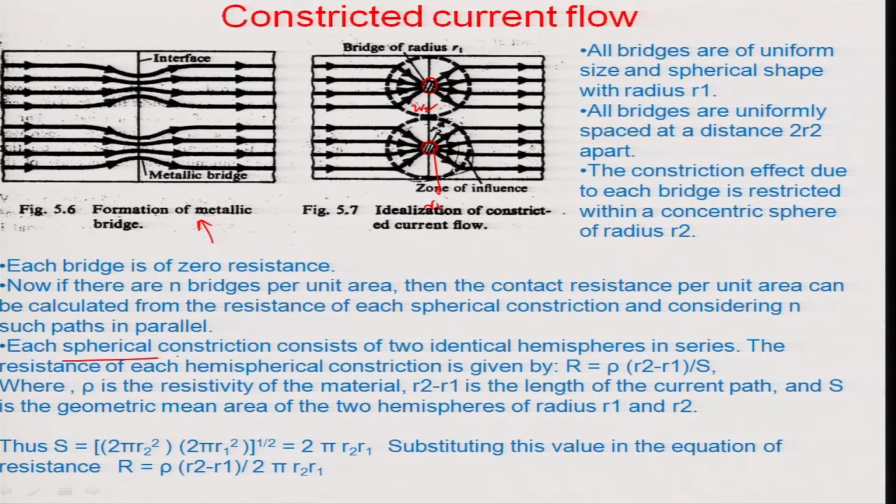But for such spherical constructions, let us say there are n such constrictions per centimeter square, the resistance of a half bridge, which connects between both the potential points across the two different members, is given by rho r2 minus r1 by s, where s is the geometric mean between two times the circular area pi r2 square and pi r1 square.